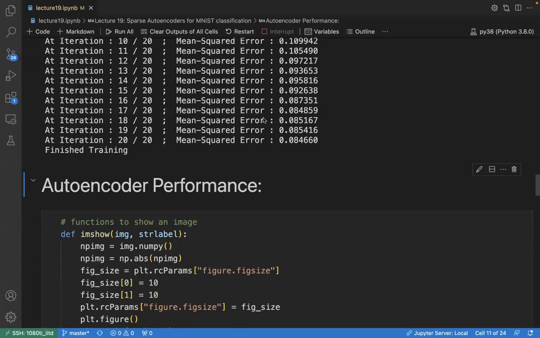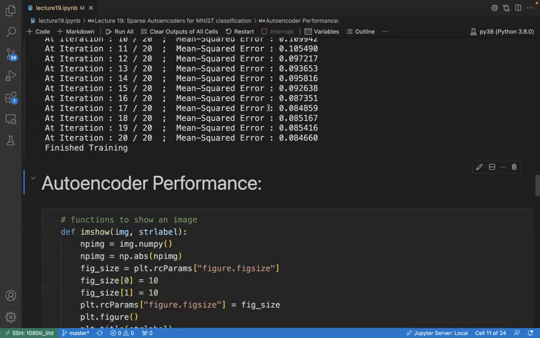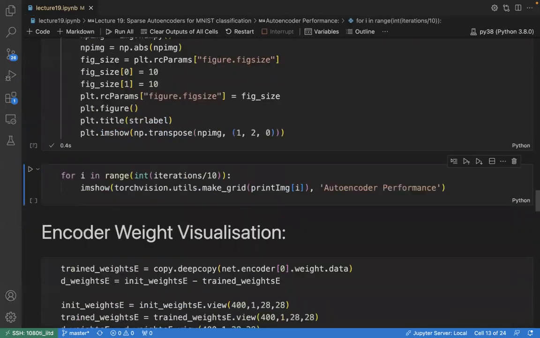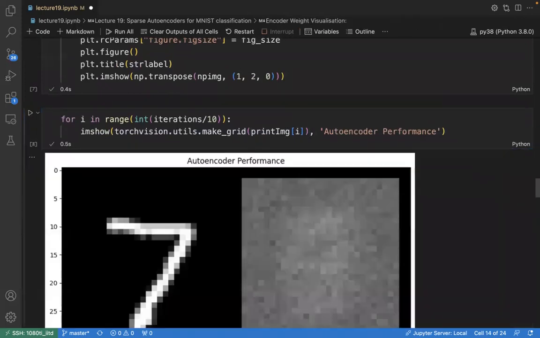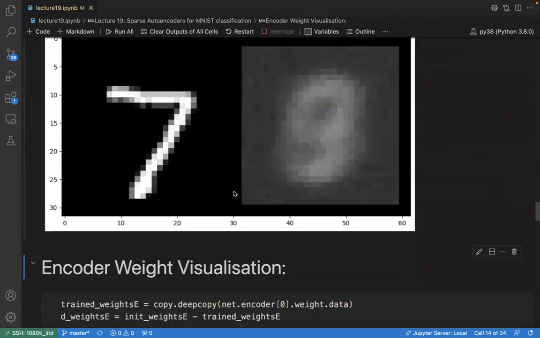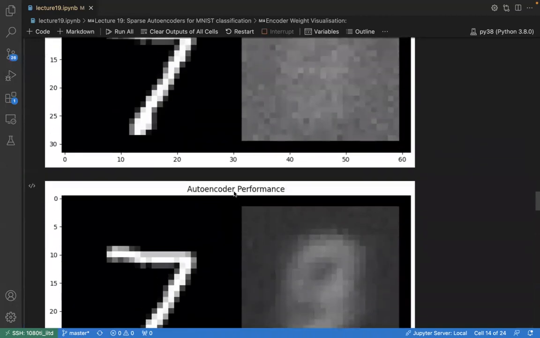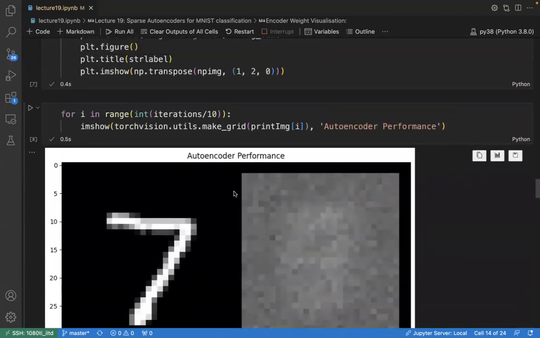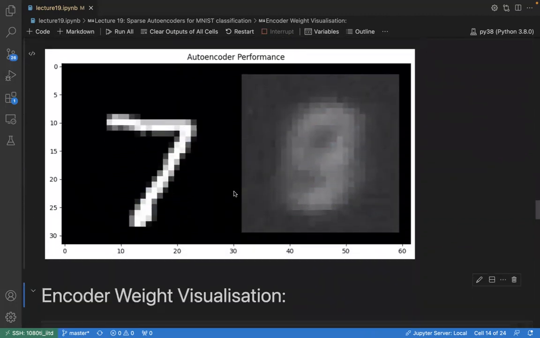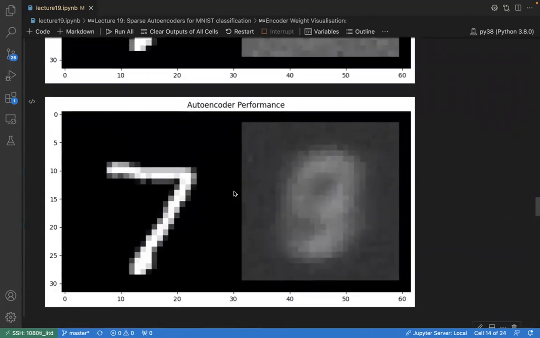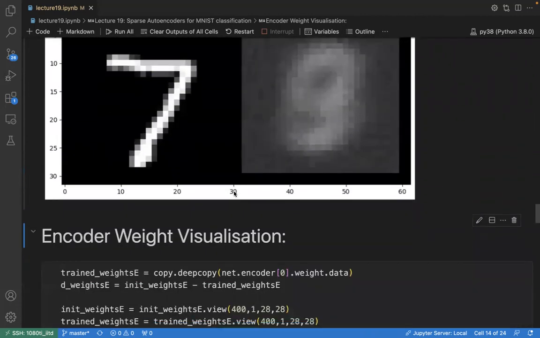Okay, the training has been done. So let me see how the reconstruction has performed. As you can see, the reconstruction is not that great.